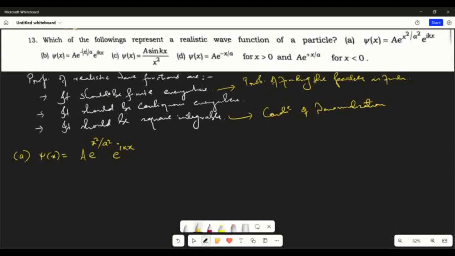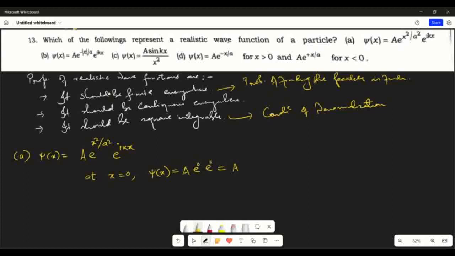Let's check the first condition, that is, whether it is finite or not. At x equals 0, the value of the wave function psi x is a, since e to the power 0 is 1.